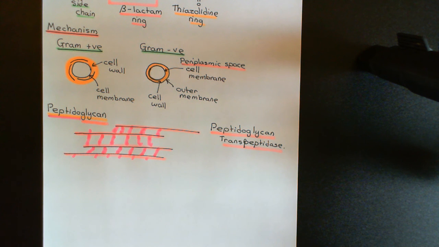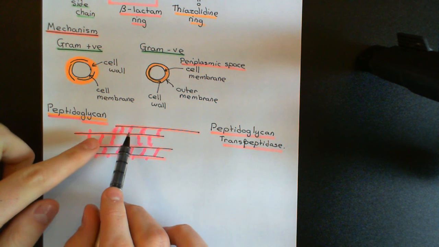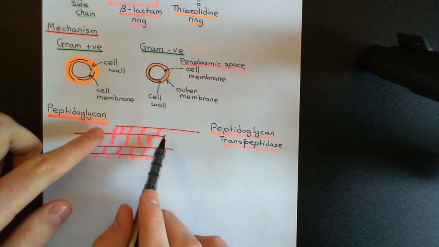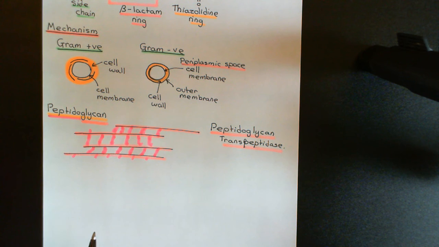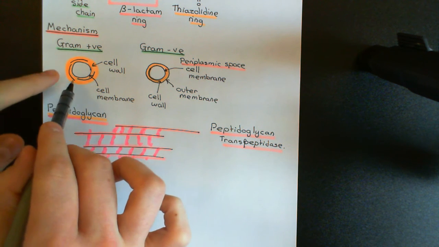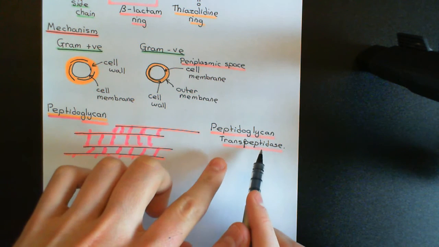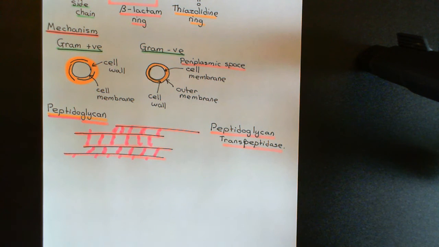Well, the answer is it always is using that enzyme, because the cell wall is not a static thing. The cell wall is continuously being remodeled. So, there are also loads of enzymes whose job it is to break these cross-links between the peptidoglycan molecules, and continuously a bacterium is using these enzymes to break the cross-links between peptidoglycan fibres, and then peptidoglycan transpeptidase rejoins them back up.